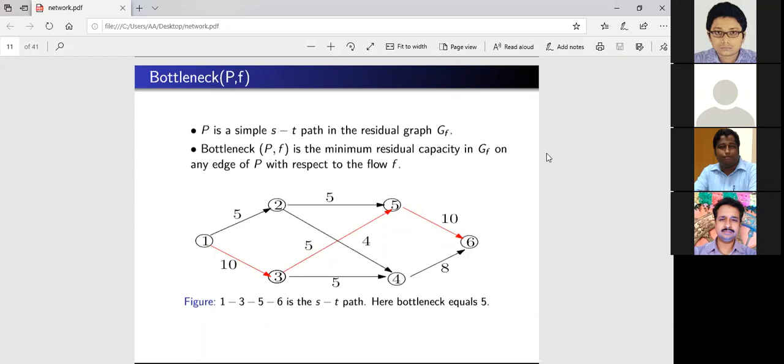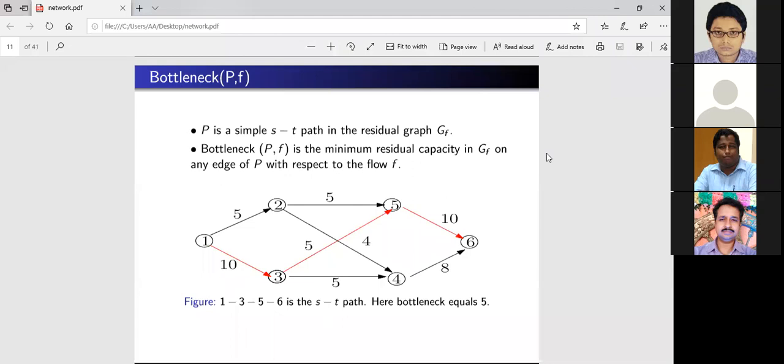Okay, right. So what we can see is 1, 3, 5, 6 is the ST path. Once we find a path in the residual graph, by how much value should we increment the flow? It's simple. It's called the bottleneck of that path.